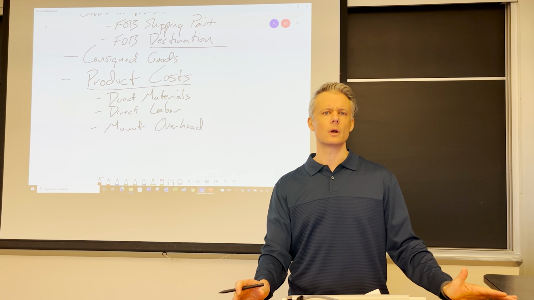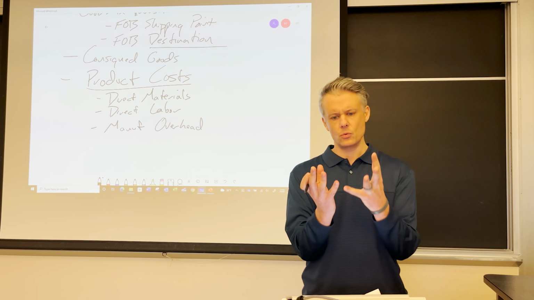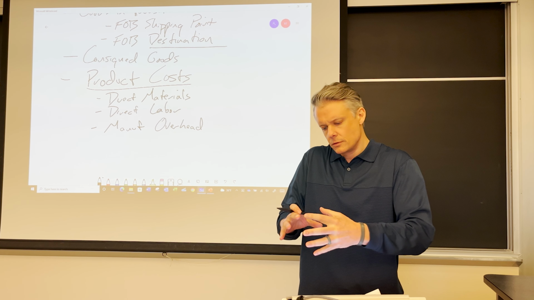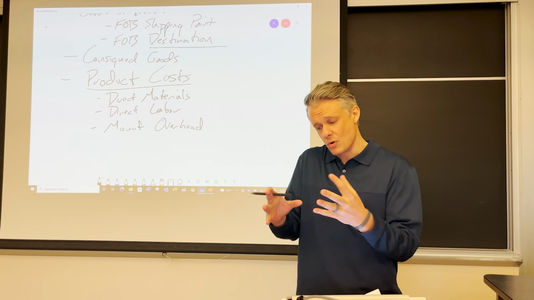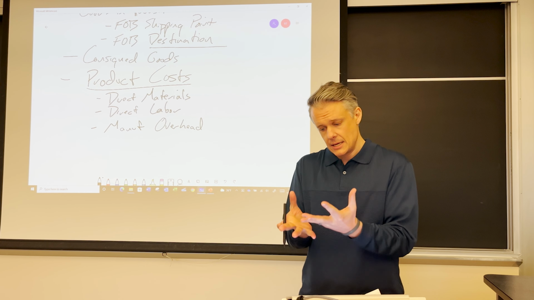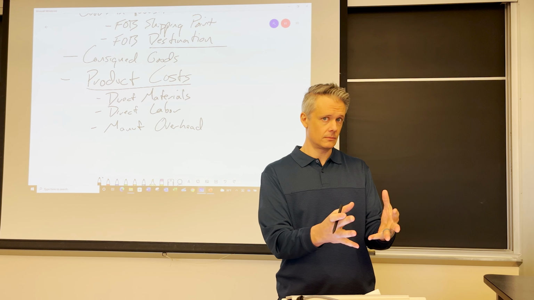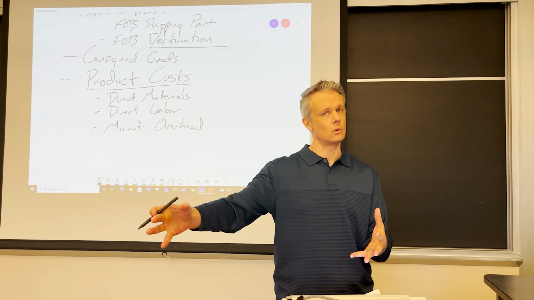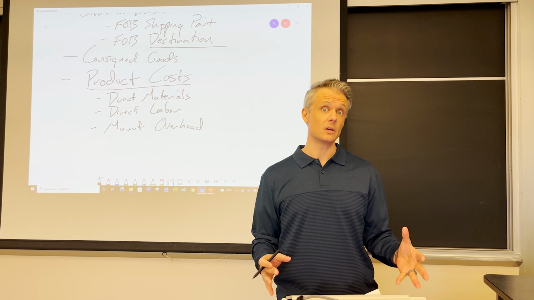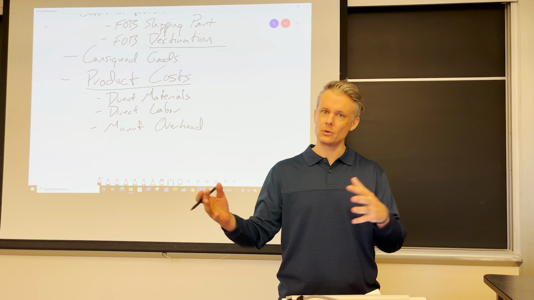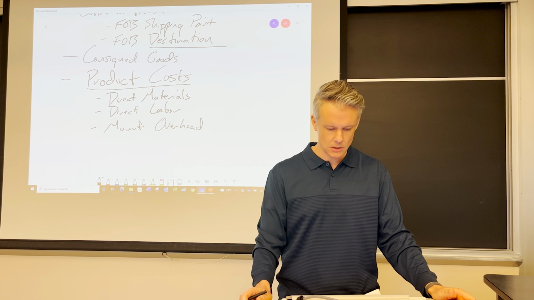Stated another way, if we have a product that's in inventory, we want to essentially trap those costs in that product, keep them on the balance sheet until it's sold. So essentially, we are capitalizing these costs, and then when it's sold, it'll convert to an expense.